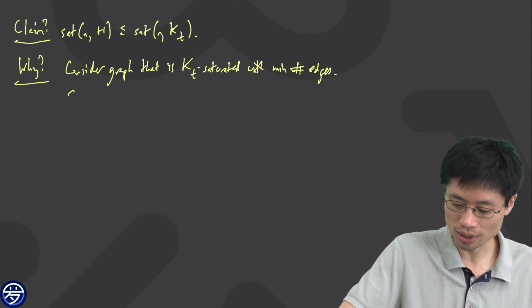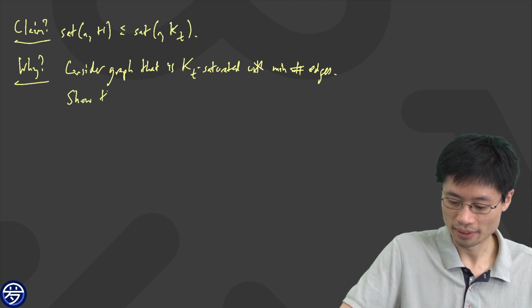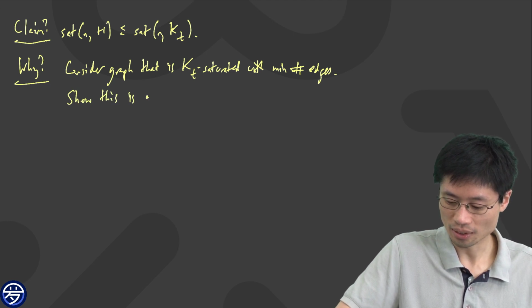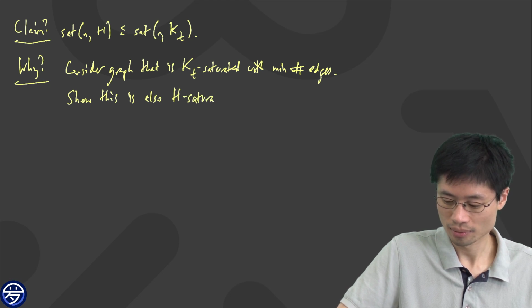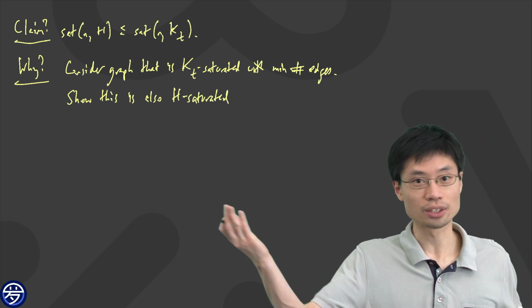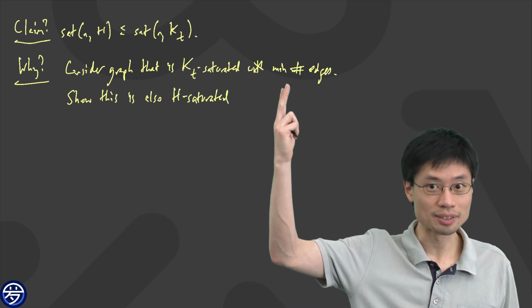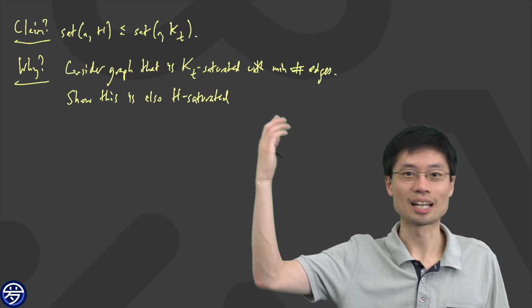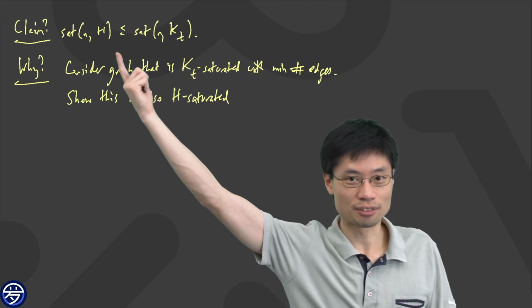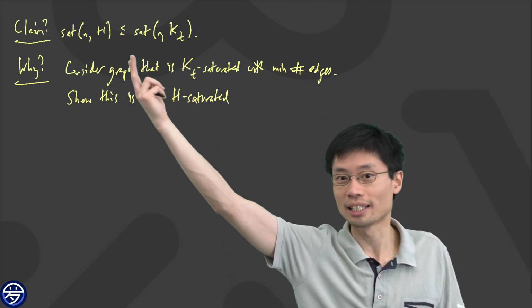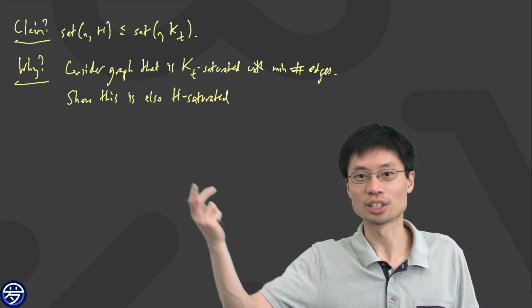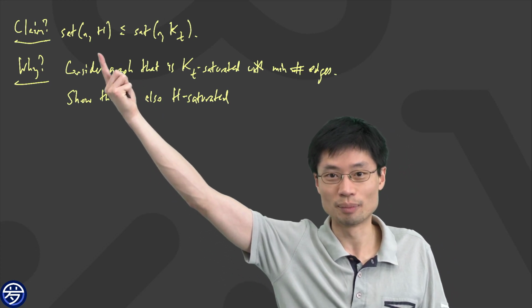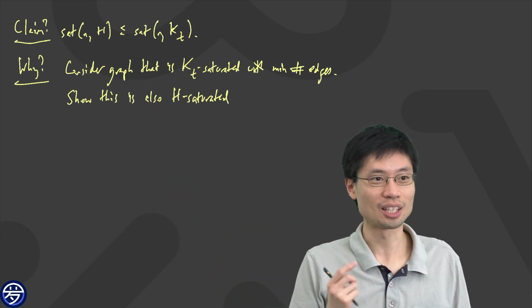And then what you want to show is this is also H saturated. If you could show that, because I already have something with the minimum number of edges, that means this graph is a candidate for sat(n, H). And remember, sat(n, H) is the minimum of stuff. So if this is a candidate, then the minimum would be even smaller. That would be the thought.